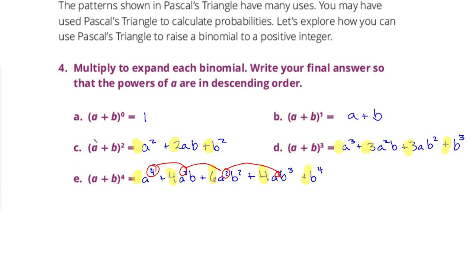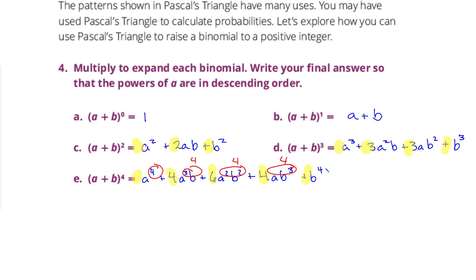So it just moves over to the B. Basically we're taking one A and putting it over with a B. So we start with A to the 4th, and we now have A cubed B. So that means we're keeping a constant sum of the exponents of 4 each time.